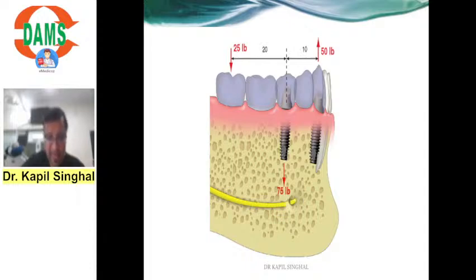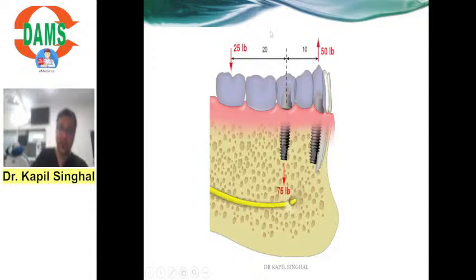So in this case, the cantilever arm is 20 millimeters, divided by the distance between 2 implants, that is 10 millimeters here. So 20 divided by 10 equals 2. So the mechanical advantage in this case is 2.